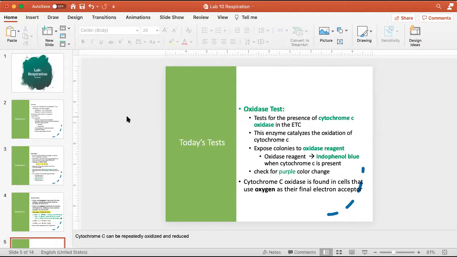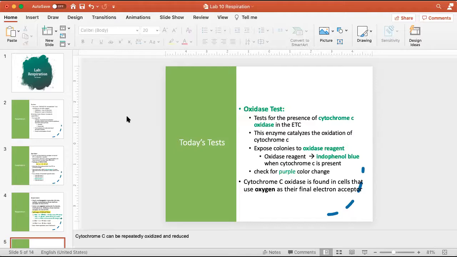All right. So the tests that we're going to be looking at today, the first test is this test called the Oxidase Test. Now, this is the test I was talking about that has to do with that cytochrome, the specific cytochrome called cytochrome C. Cytochrome C is the molecule that's helping pass electrons down the electron transport chain.